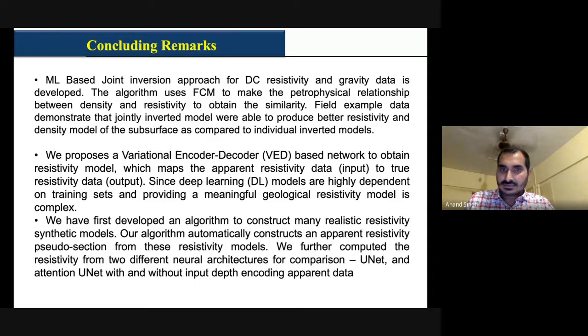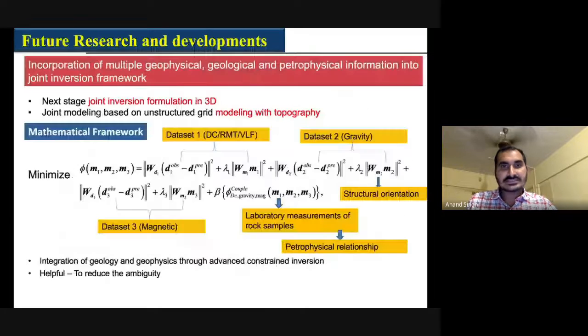Now with that knowledge, what is the way forward, where should we move? One way forward, I would think, is that over one study region we can utilize multiple data sets, but not in a 2D framework.